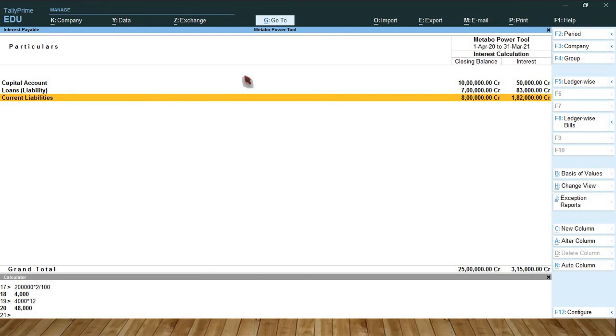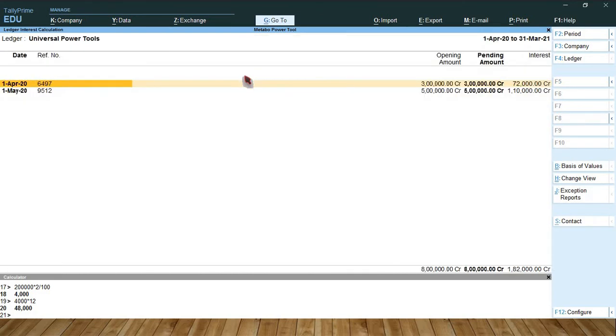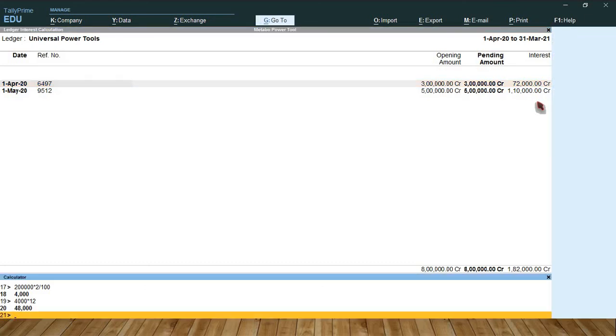So next, current liabilities, that is supplier, Universal Power Tools. So interest transaction by transaction. First transaction, 72,000 interest amount. For second transaction, 1,10,000 is the interest amount. So verify it. 3 lakh into 2% divided by 100 into 12.